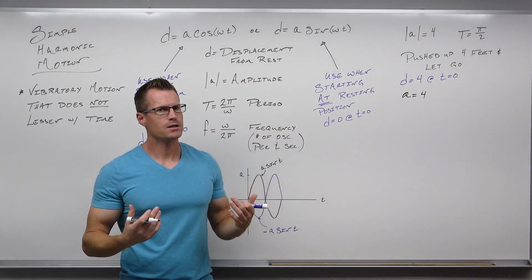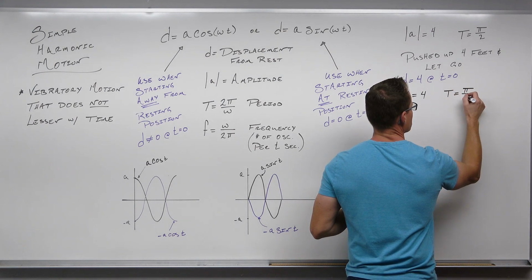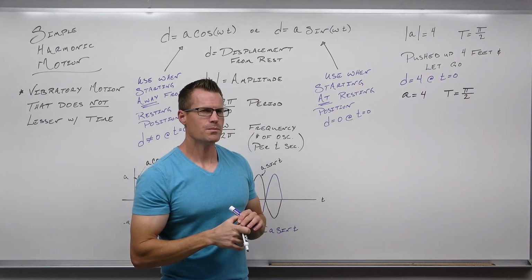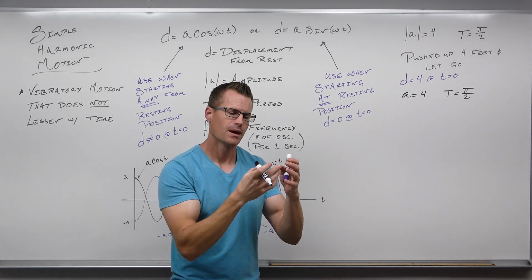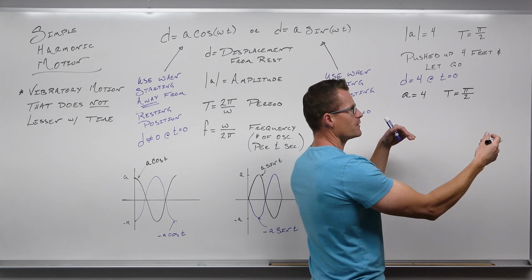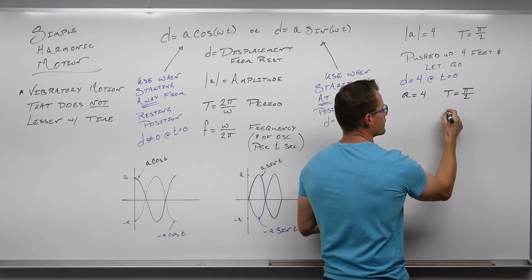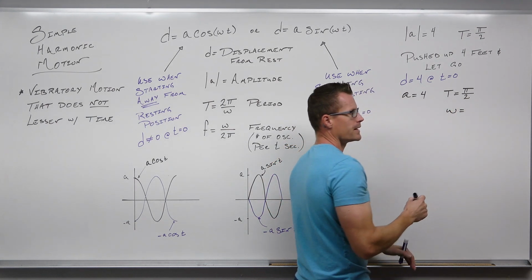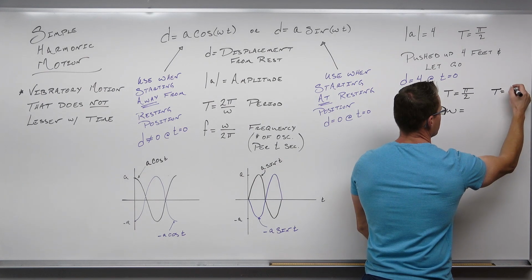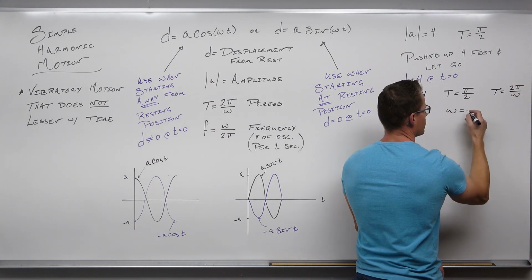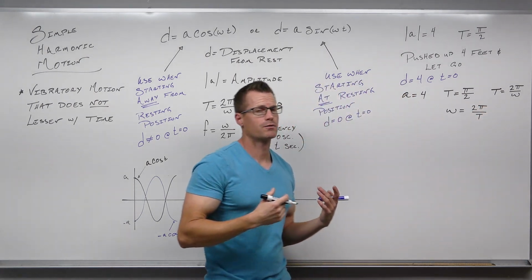Our period is pi over 2 seconds. But also remember that our period is equal to 2 pi over omega, which means our omega, the coefficient of our variable, is, if we reverse that, 2 pi over our period.